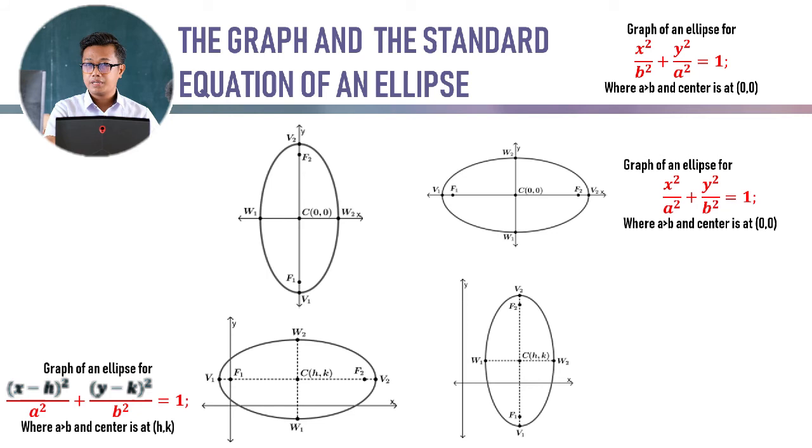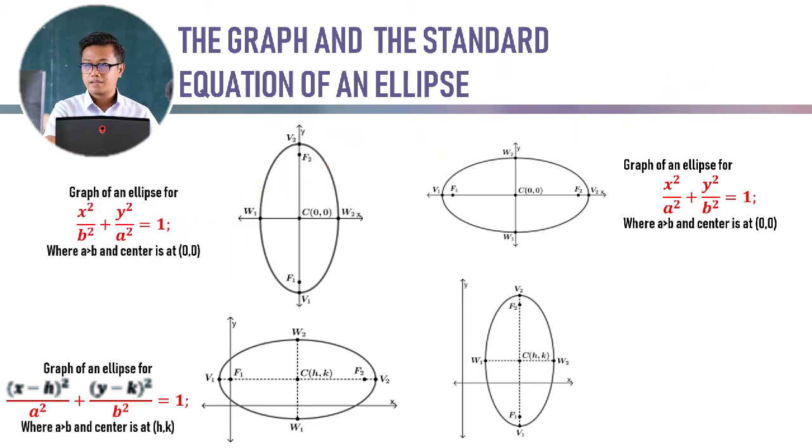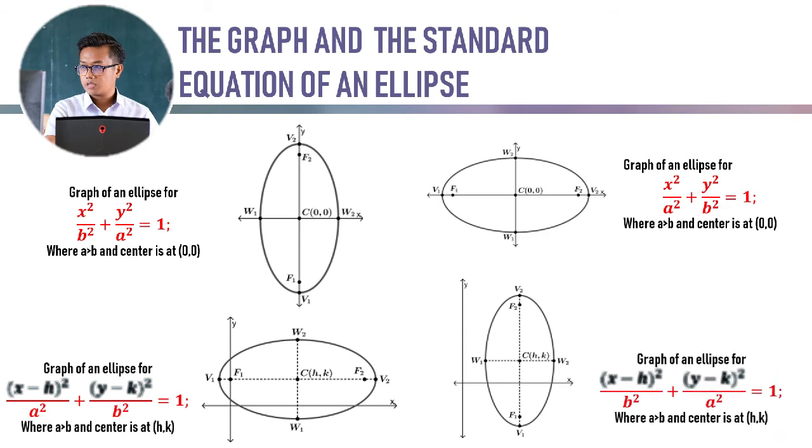Therefore, ang graph for this standard equation is nagapa vertical. Therefore, ari siya sa top left nga graph. And of course, for this standard equation of our last graph is x minus h squared over b squared plus y minus k squared over a squared is equal to 1. Okay?